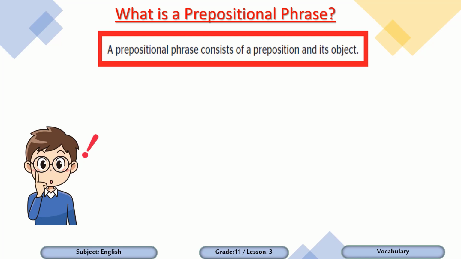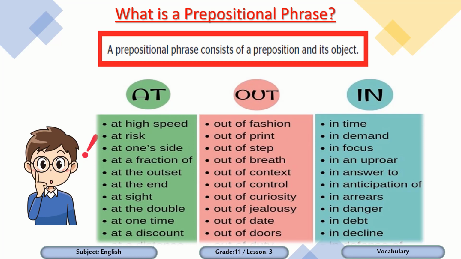Let's have some examples of prepositional phrases with at, out, and in, such as at high speed, at risk, at sight, at one time, at a discount, out of fashion, out of print, out of date, out of doors, in time, in demand, in danger, in decline.